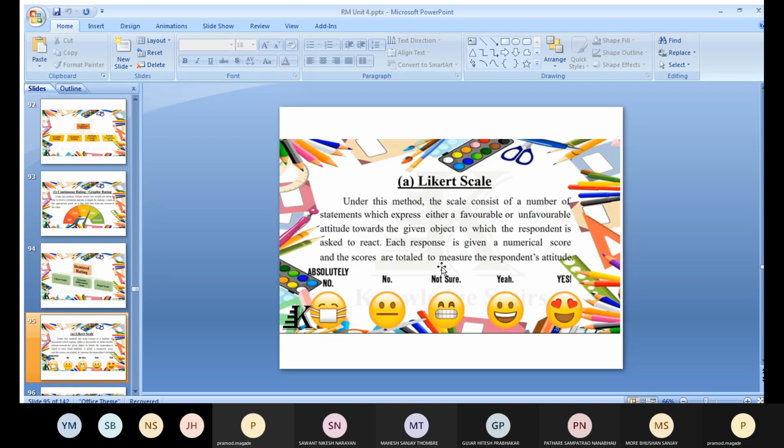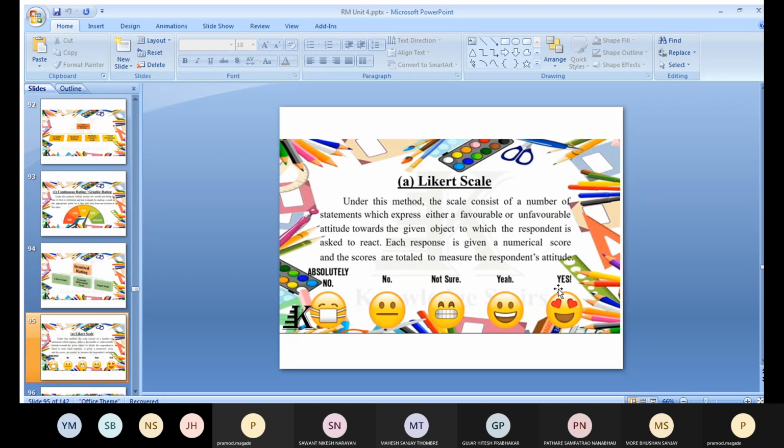He is thinking about two ways, either the positive side or the negative side, so we can say not sure. Of course, with a positive mind, yes, and here also, yes. This kind of options are what we call a Likert scale. Suppose someone is a sportsman, then trophies and happy moments and achievements are available in WhatsApp, and we use them for giving a response; that is the Likert scale.